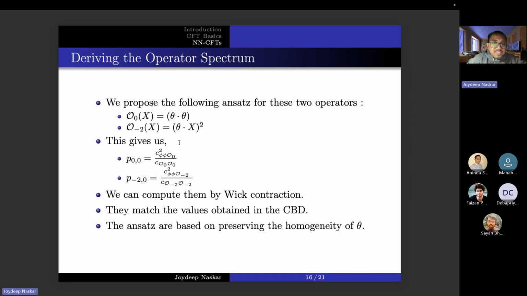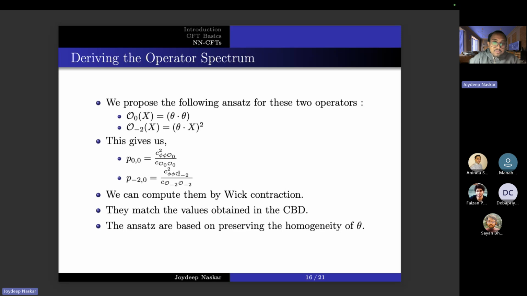So this gives us, if I want to compute what this p00 should be, then I can express them as the coefficient that appears in the 3-point function squared by the normalization that I didn't consider before for the 0 0 operator, and similarly for the delta equal to -2 operator as well.